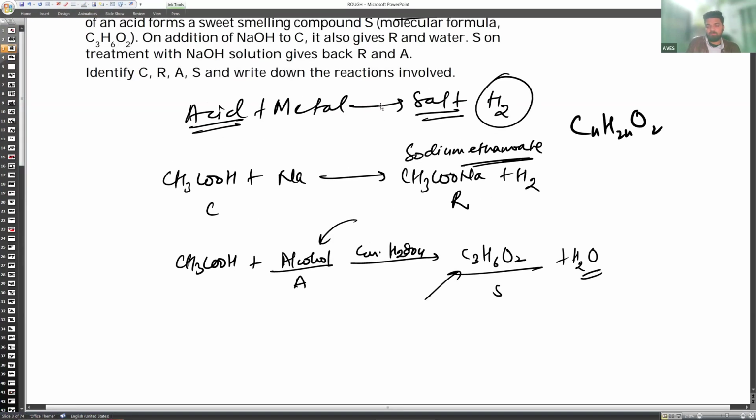Now, what is it saying? What is the name of this compound S? It is CH3COOCH3. What is the name of this compound? Can you tell me the name of this compound?